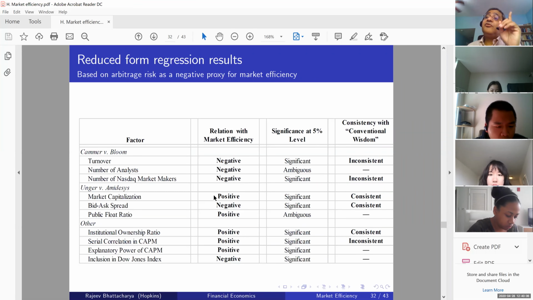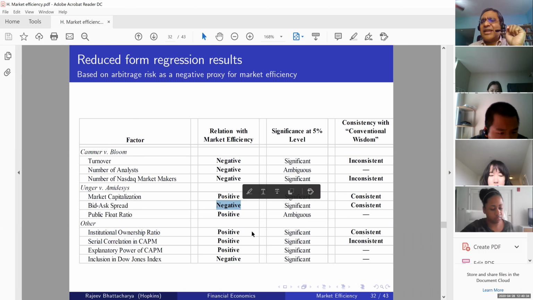Interestingly though, market efficiency increases with market capitalization. That is empirically true. The reason is quite interesting: the bigger the firm, the more carefully it is studied by the market, and therefore the prices tend to reflect the actual valuations.